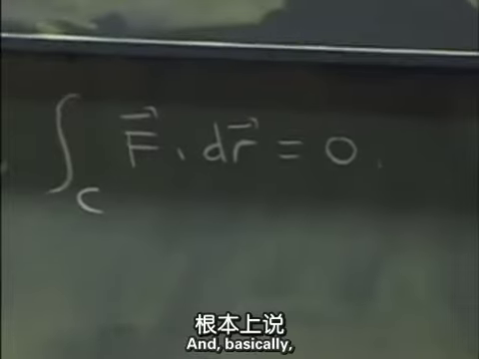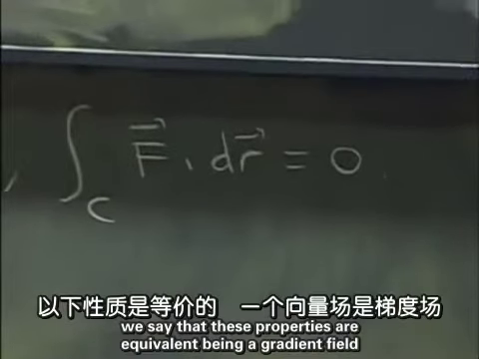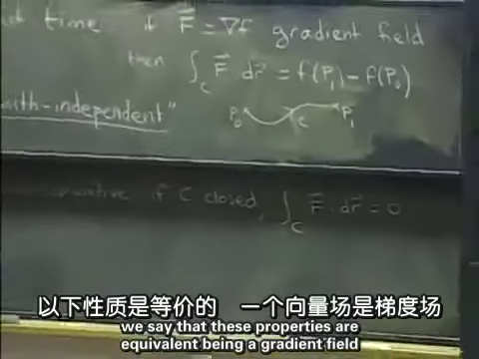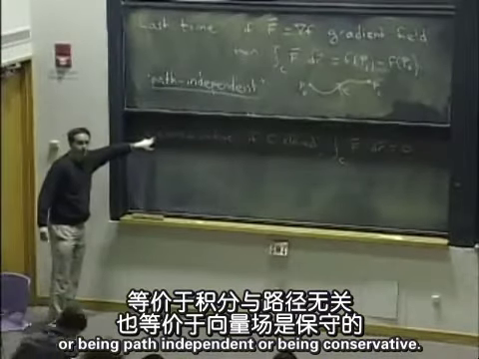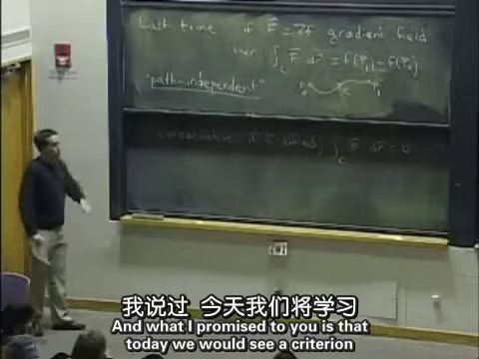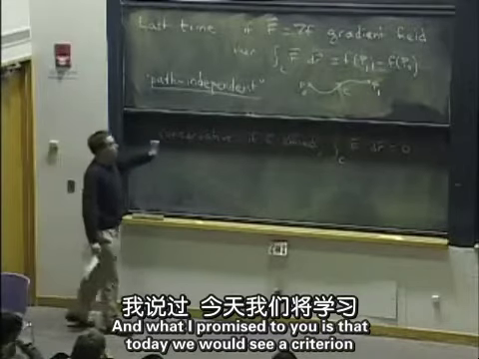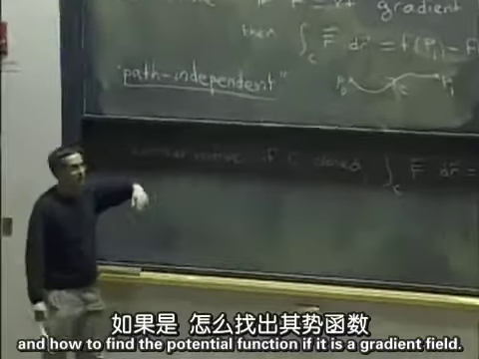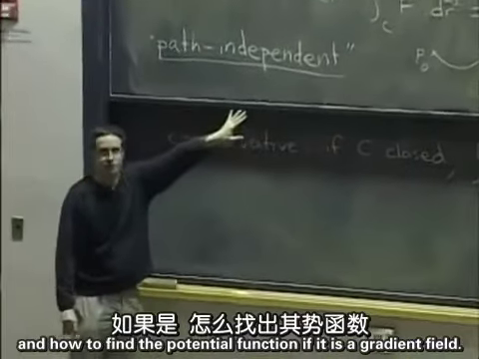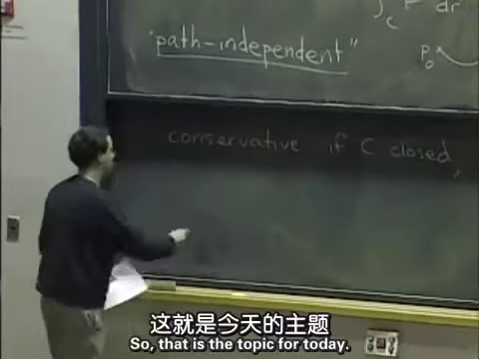Basically, we say that these properties are equivalent: being a gradient field, or being path independent, or being conservative. And what I promised to you is that today we would see a criterion to decide whether a vector field is a gradient field or not, and how to find the potential function if it is a gradient field. Okay, so that's the topic for today.